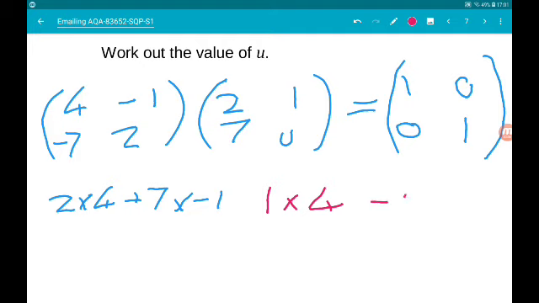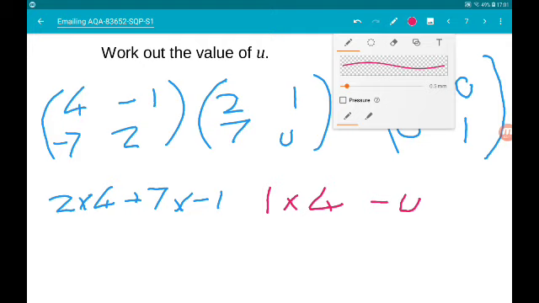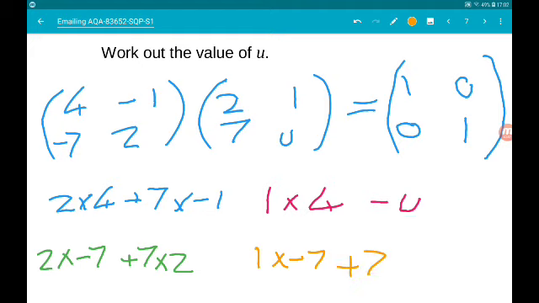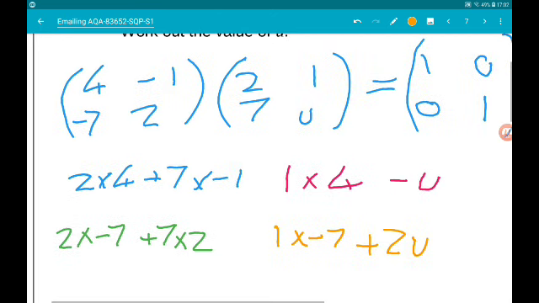So that's going to be minus U. The bottom left element is going to be 2 times minus 7 add 7 times 2, and then the bottom right element is 1 times minus 7 and then add U times 2. So, 2U.